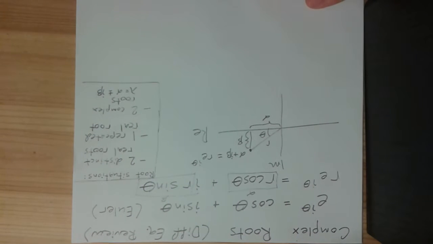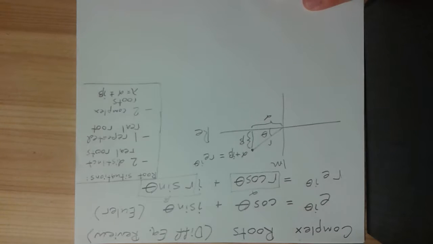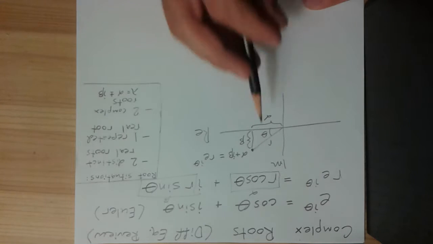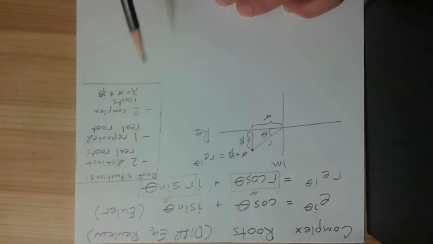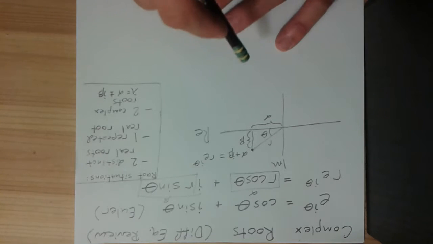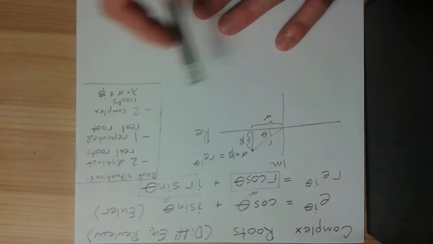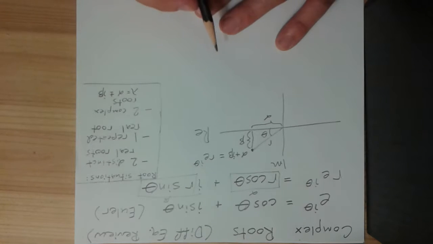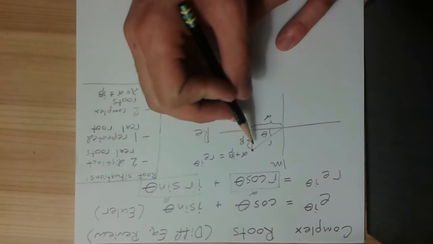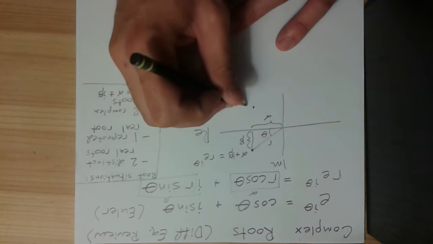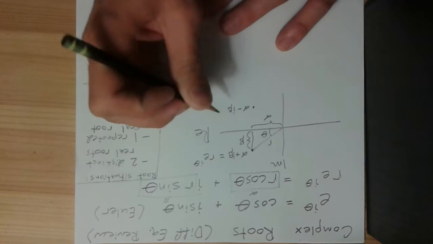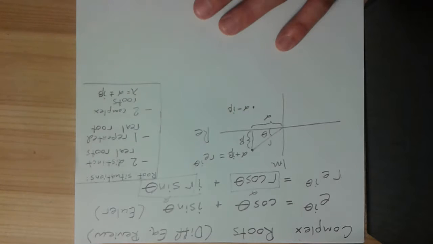Okay, so we want to look at what happens when the roots of the characteristic equation are complex numbers. Assuming that the characteristic equation has real coefficients, which would mean that your original differential equation or recurrence relation has real coefficients, if you have one complex root that's alpha plus i beta, then the other one is just going to be alpha minus i beta, which is always just the reflection across the real axis.